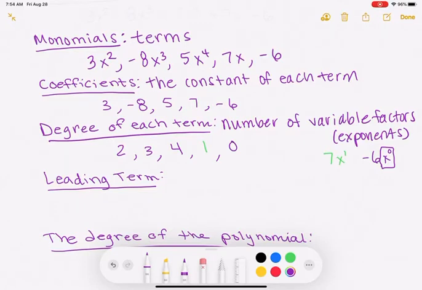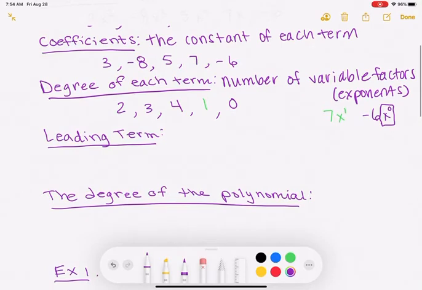We have just a couple more here, and then we'll start some examples. The leading term is the term with the highest degree. Again, that degree is really that little exponent.